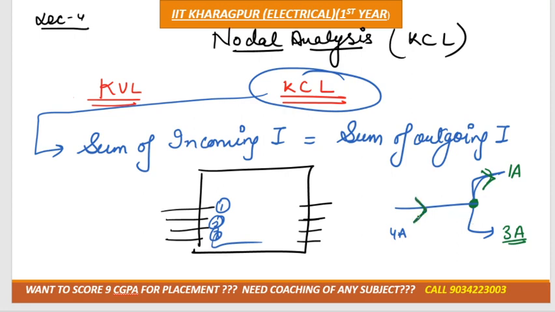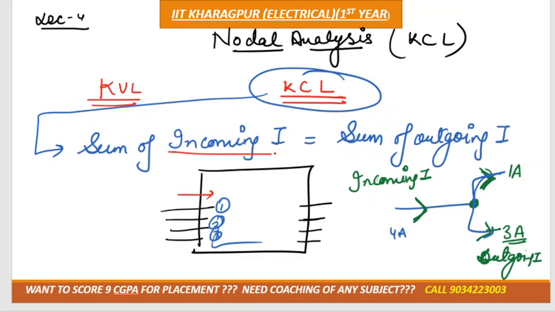The current which is entering the node is denoted as the incoming current, and the current which is leaving the node is denoted as the outgoing current. Okay, clear? Now see, when your friend is entering, you will feel happy, right?